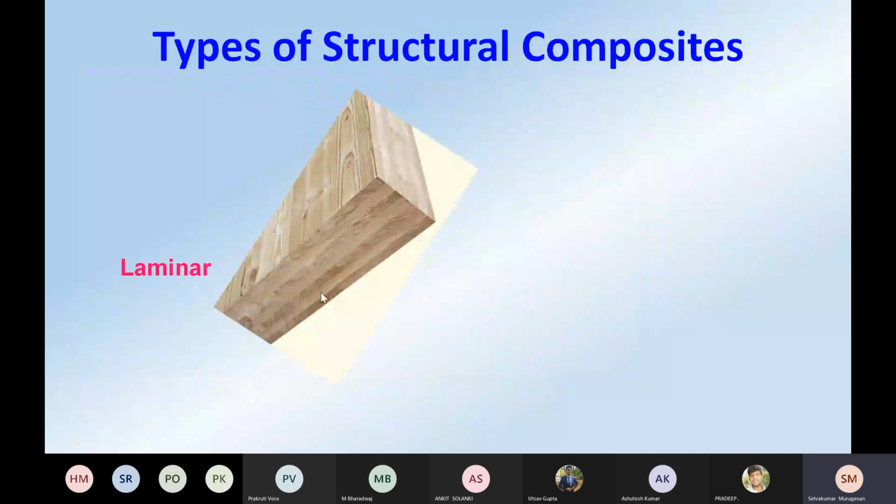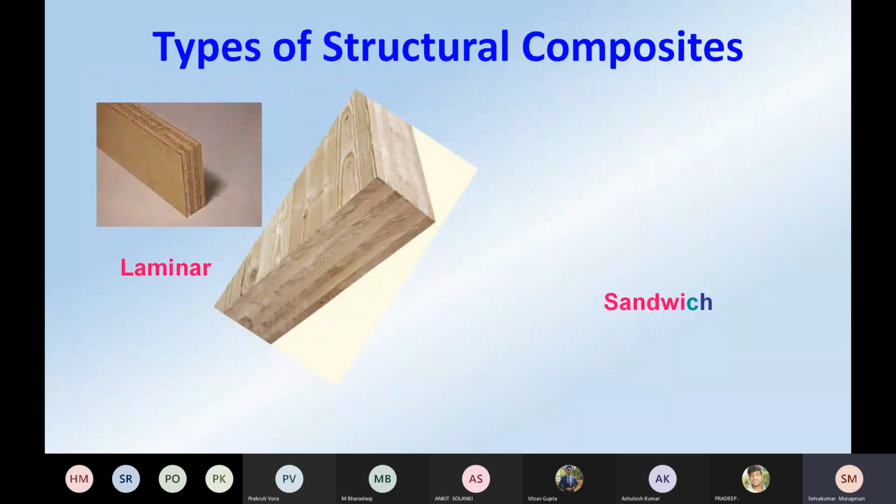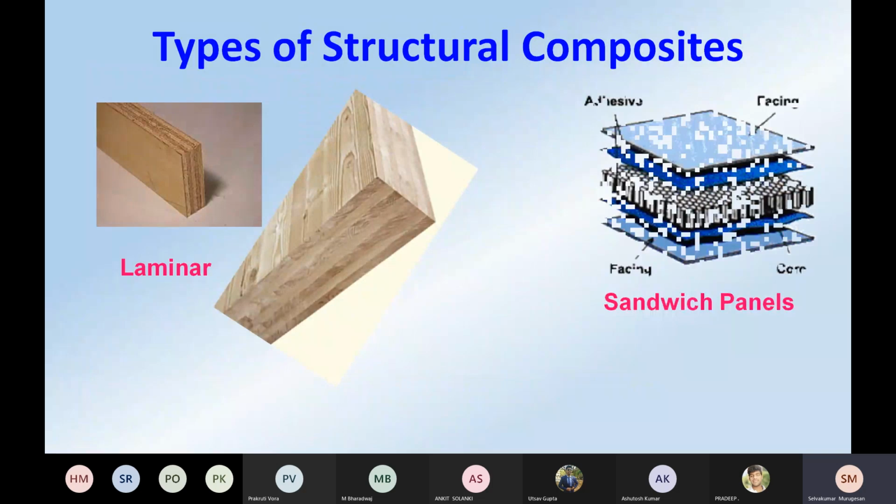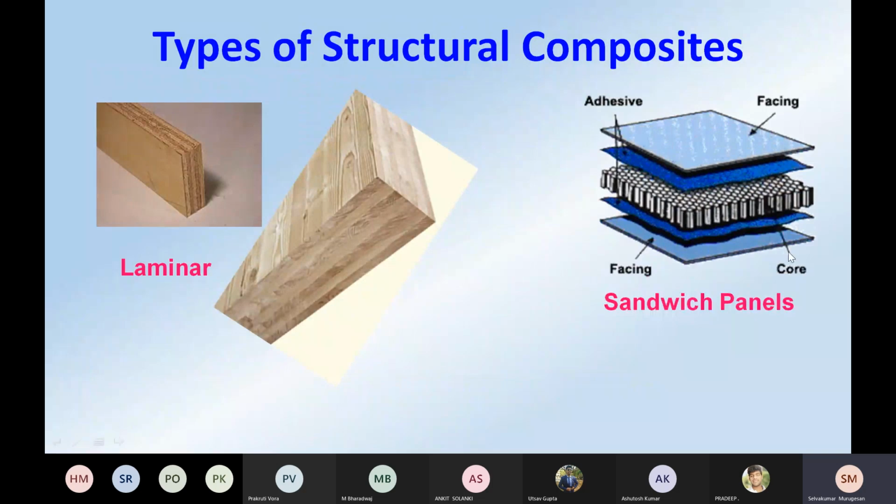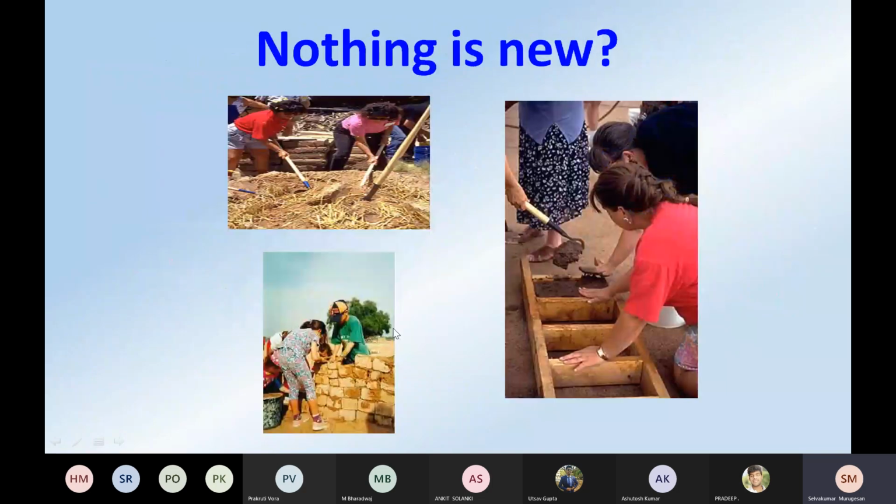The best example is wood. If you look at wood, it has multiple layers and is made up of different cellulose based components. And we have sandwich panels, where one layer may be polymer based and another could be fiber based structures. And of course, nothing is new here.